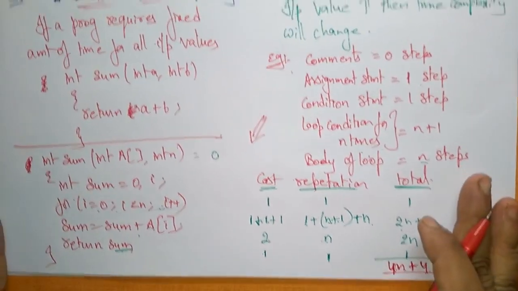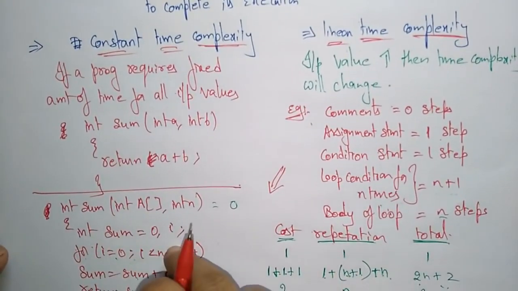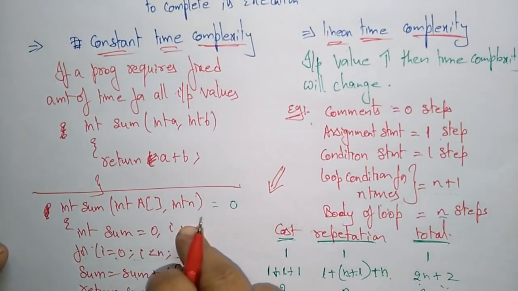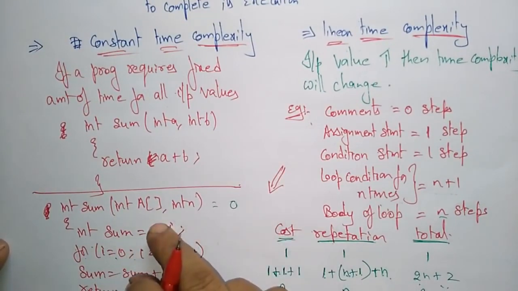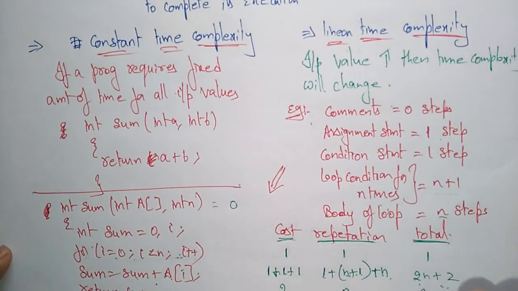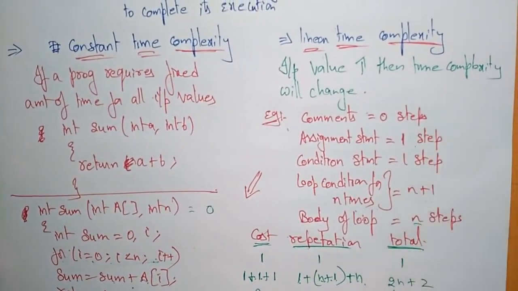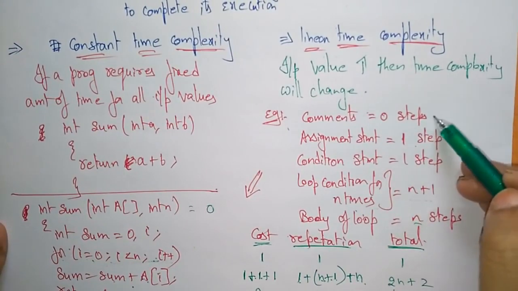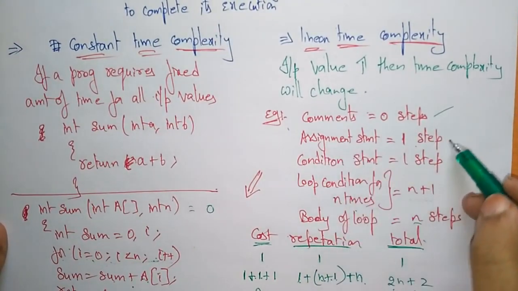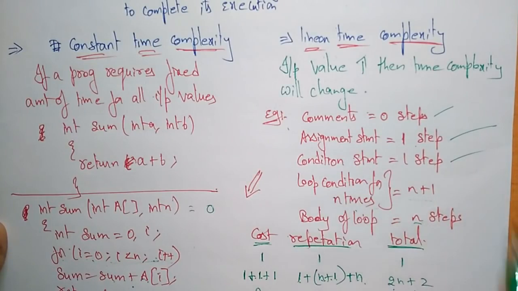This is the total time complexity for this program. This is how you calculate it for whatever program or algorithm they give you. These are the steps you have to note. Comments take 0, assignment statements 1, condition statements only 1.